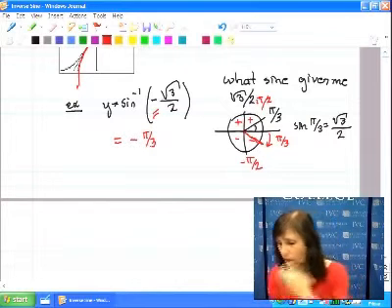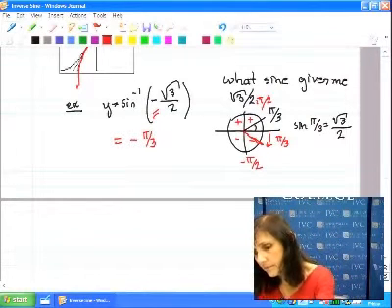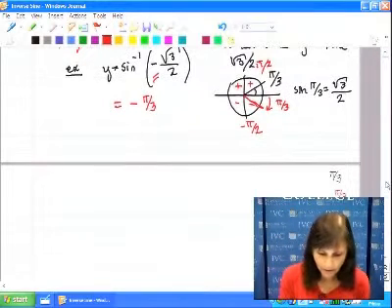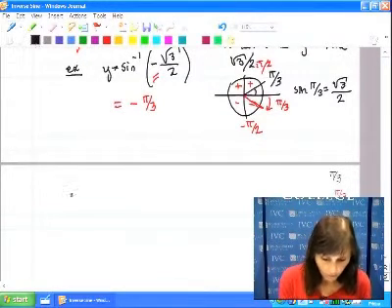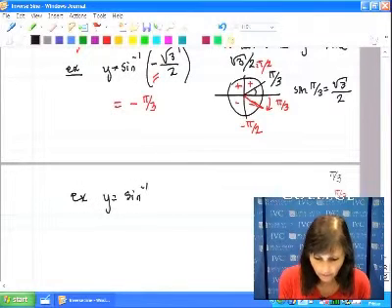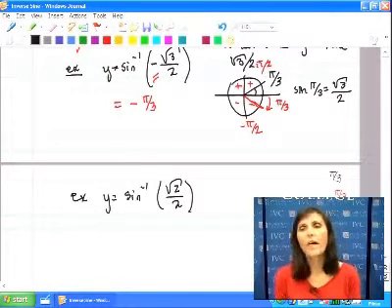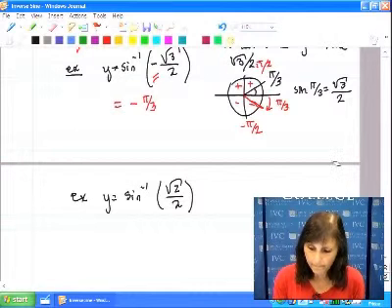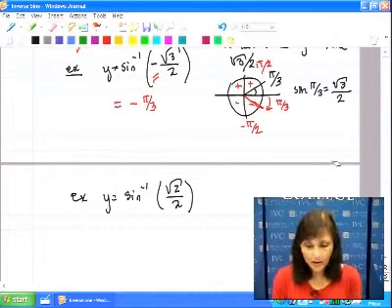Let's do another one. You can do a positive one if you want. What is inverse sine of rad 2 over 2? So you have to again think, what angle gives me sine of rad 2 over 2?